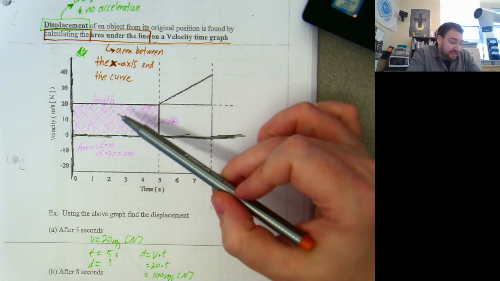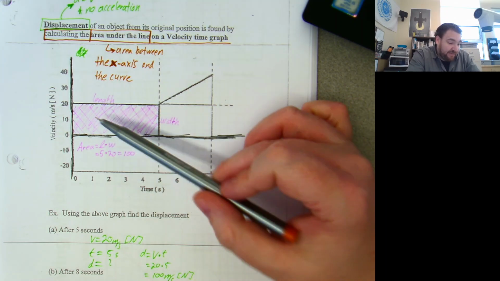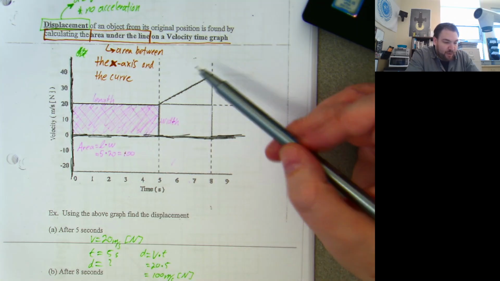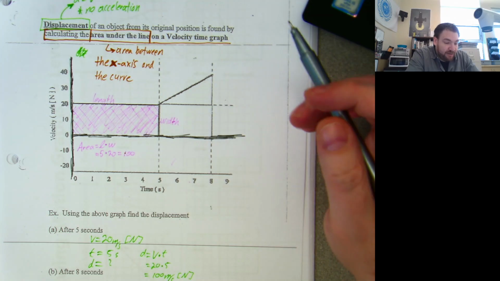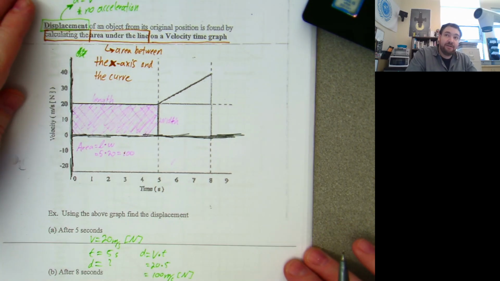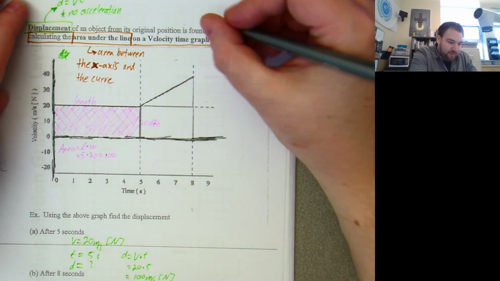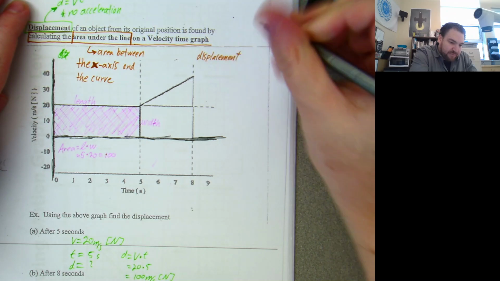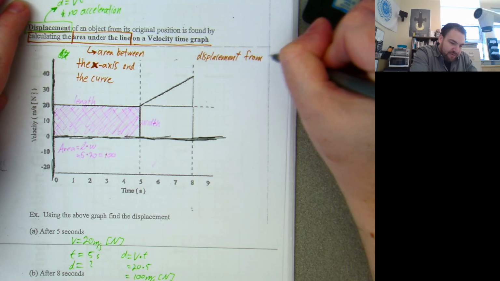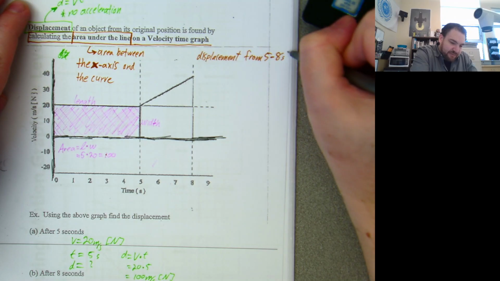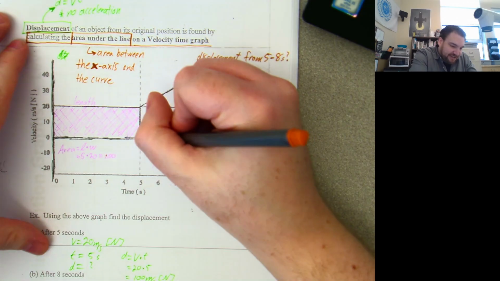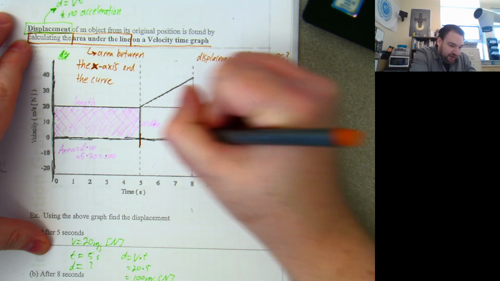So for that first bit, this was easy. It was a rectangle. Length times width gave us our area. What if I wanted the displacement from 5 to 8 seconds? Well, if I look at what's happening from 5 seconds to 8 seconds, that's this chunk here and this chunk here.